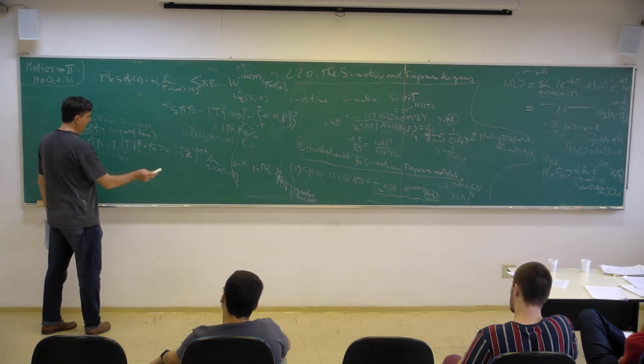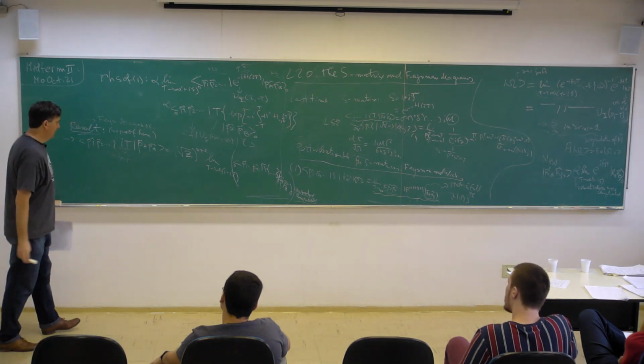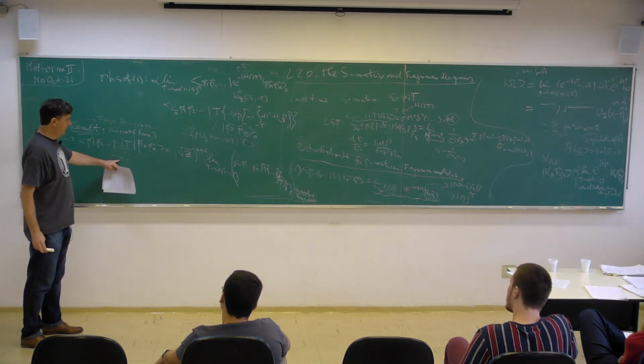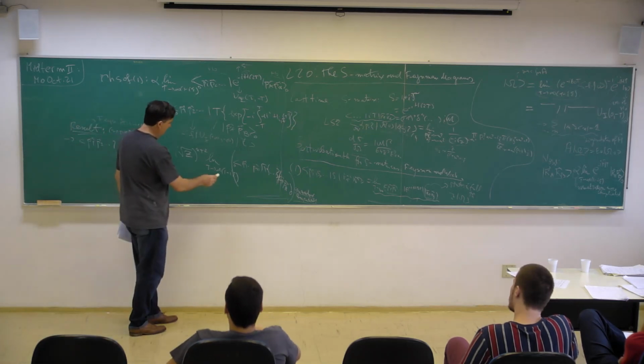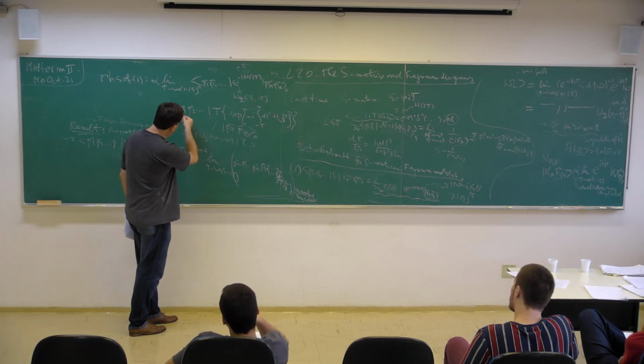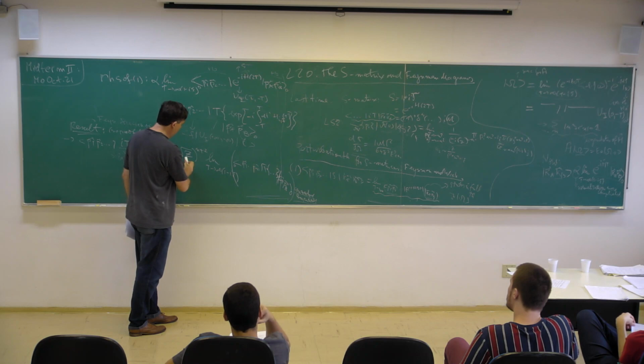So the connected and amputated part only relates to the interaction picture, IT, dropping the S. So the relation is on this side you drop the 1, and on this side there's also the part of the proportionality constant.